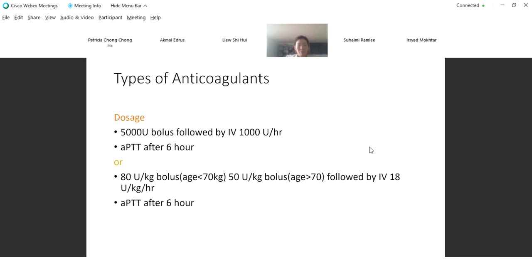The second option is 80 units per kilogram if the age of the patient is less than 70. If the age of the patient is 70 or more, then 50 units per kilogram is given, followed by IV administration of 18 units per kilogram per hour. Then you take the first APTT after 6 hours.